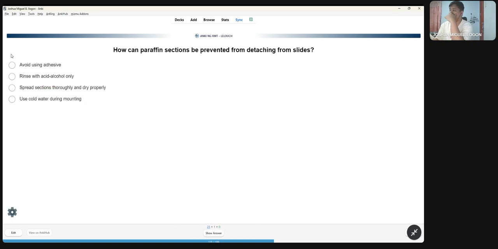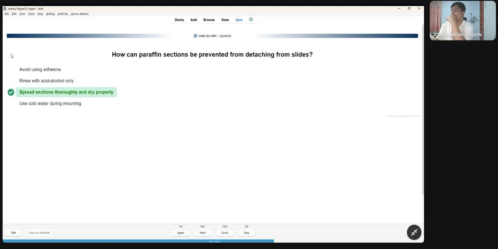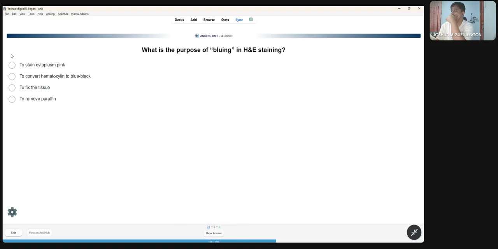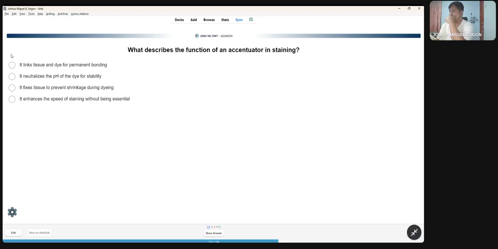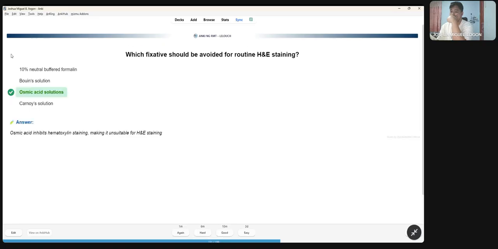Backwards, and an accentuator basically accelerates. Yeah. Acetic acid.